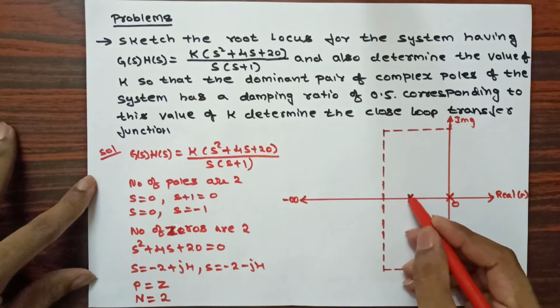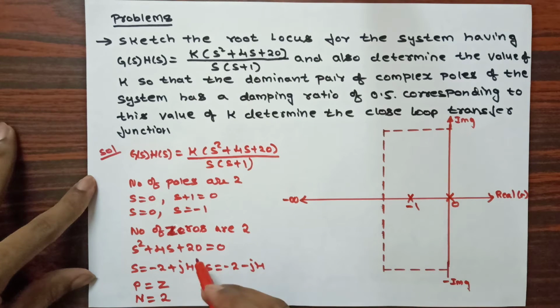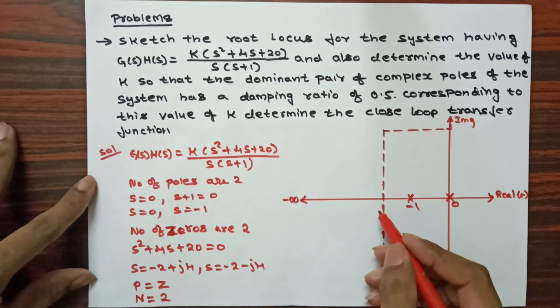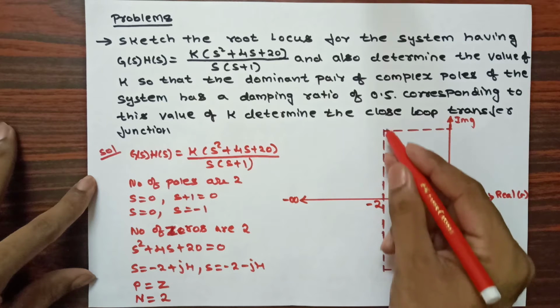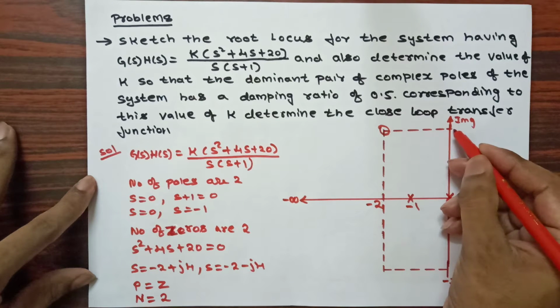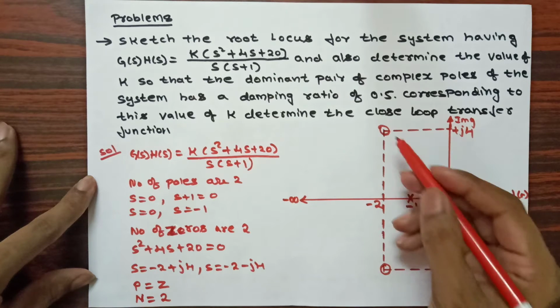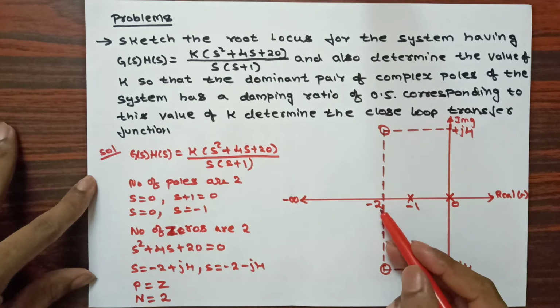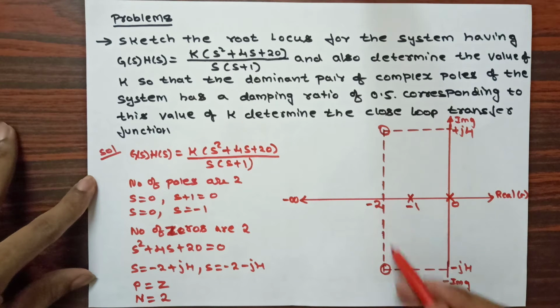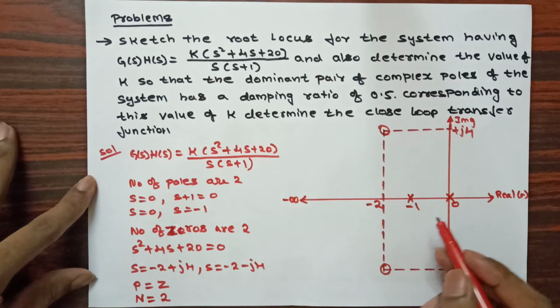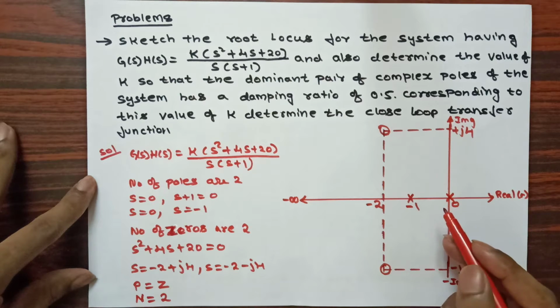The complex zeros are at s is equal to minus 2 plus j4 and s is equal to minus 2 minus j4. So here I have shown the complex zeros, and we have located the poles and zeros.